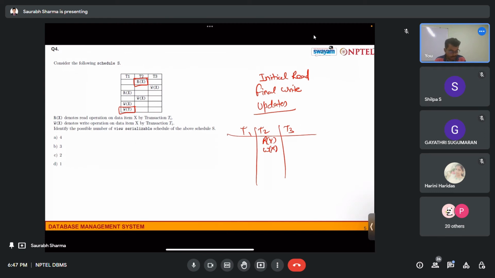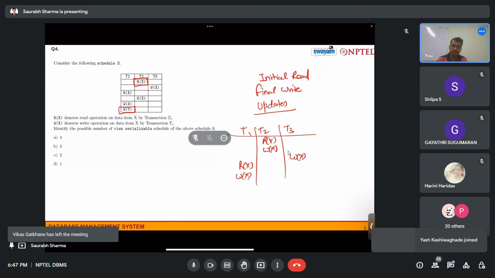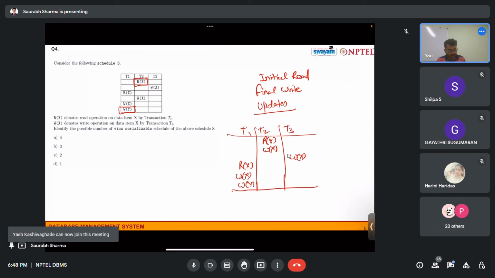And afterwards I proceed with all the operations. Okay, so if we see, this is actually the view equivalent of it.